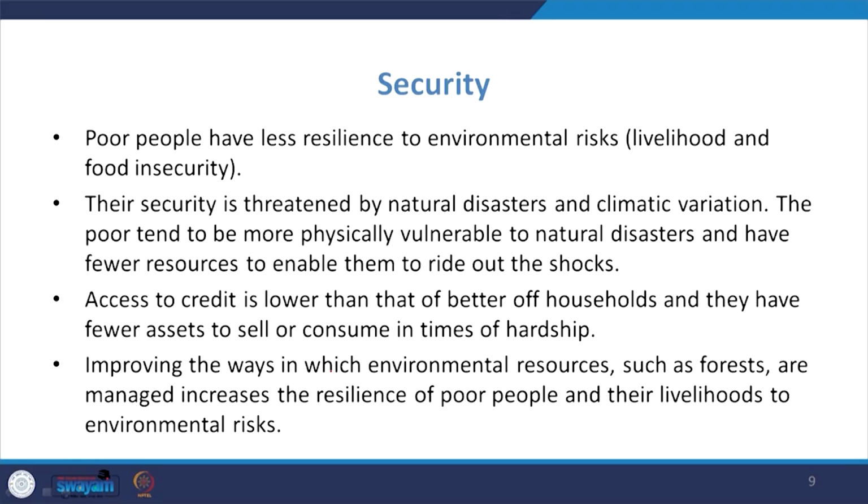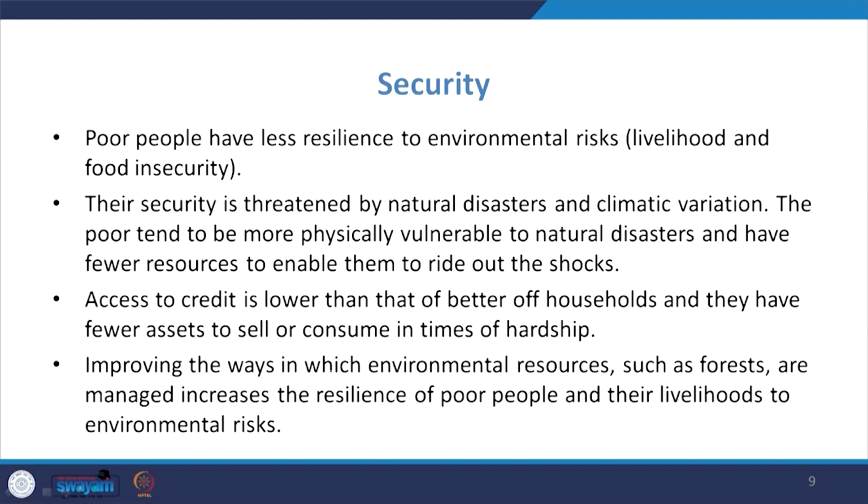So, poor people are more vulnerable to the natural risk or environmental risk. Their security is threatened by natural disasters and climatic variations. They tend to be more physically vulnerable to these disasters, and they have fewer resources to enable them to get rid of these adverse consequences of environment.